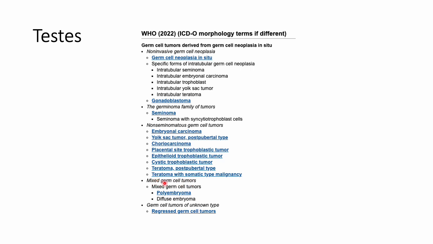The mixed germ cell tumor is the most common, so if you encounter a germ cell tumor in your practice, you need to exclude a mixed type. Let's say you found a yolk sac tumor, you need to exclude all other types of germ cell tumor also, because there might be differentiation of other types of germ cells inside that main type of germ cell tumor.